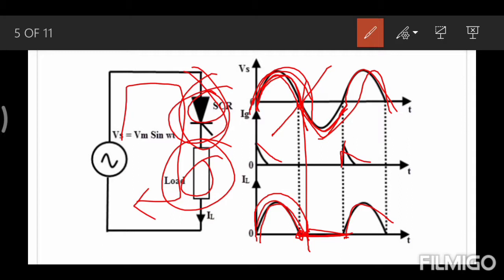When the SCR is turned on, the load current flows through the SCR and automatically through the load. This process is repeated at regular intervals of time.